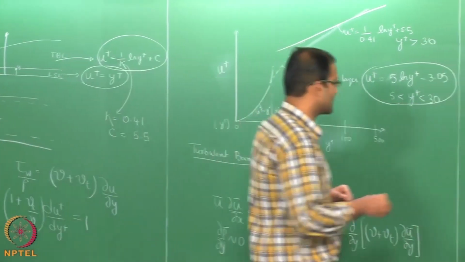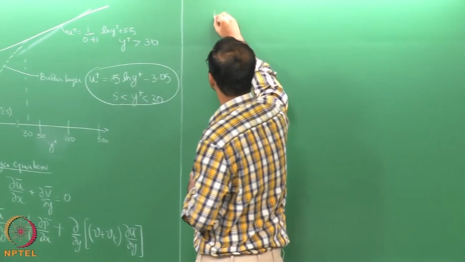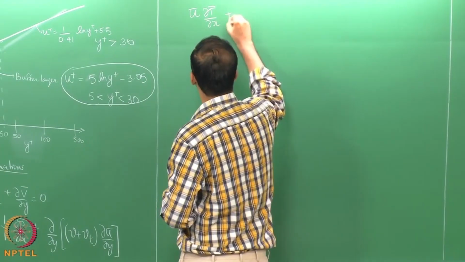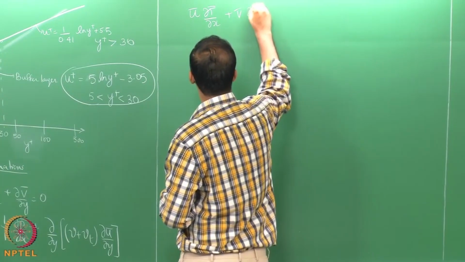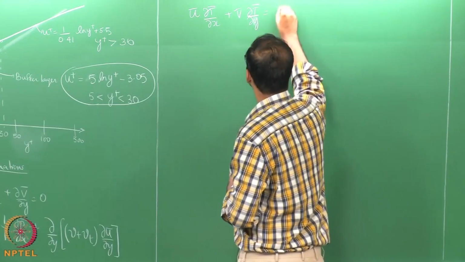And finally, the energy equation also for the turbulent boundary layer becomes alpha.